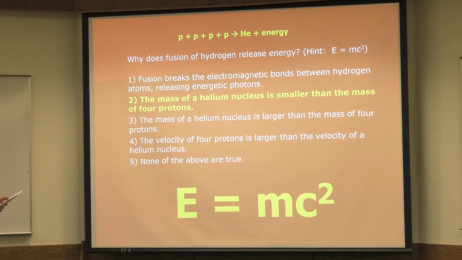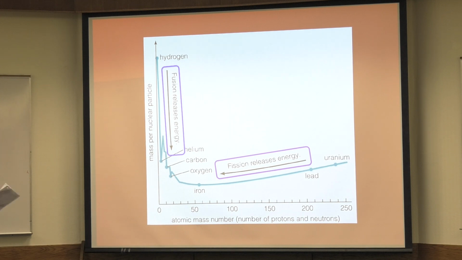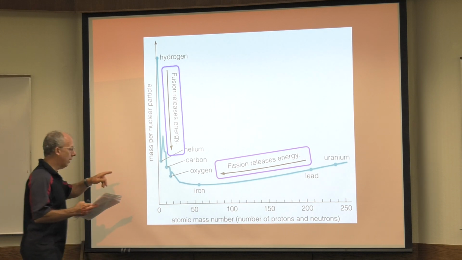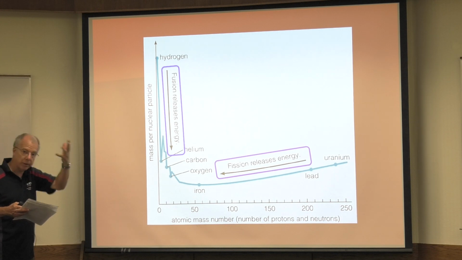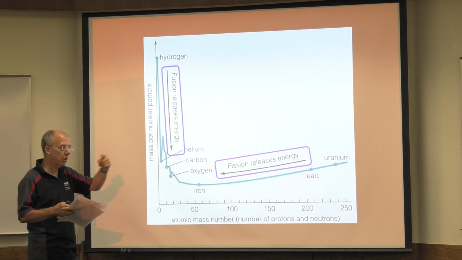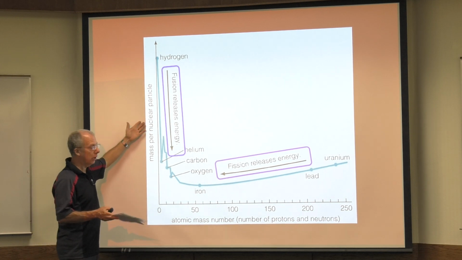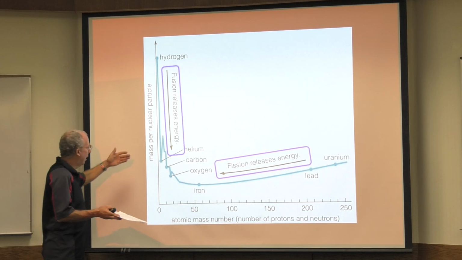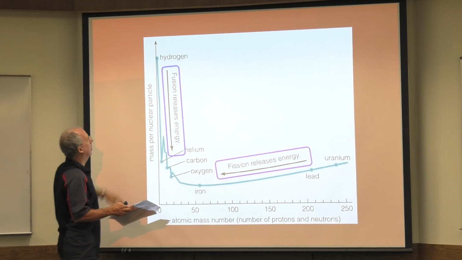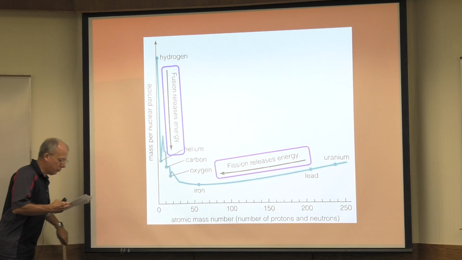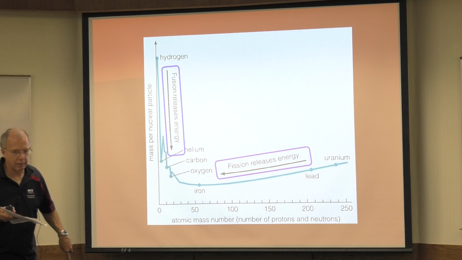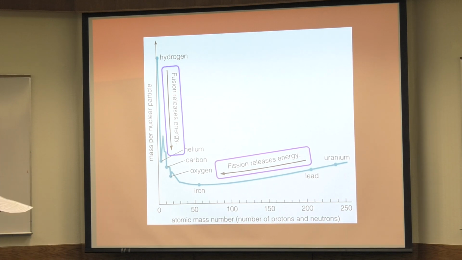All right, let's see. Another way to look at this fission-fusion thing, which is very useful, is this: the last graph showed energy per nucleon. Let's switch it and say mass per nucleon, because energy is related to mass. So mass per nuclear particle. No more binding energy; now we want just the mass per nuclear particle.